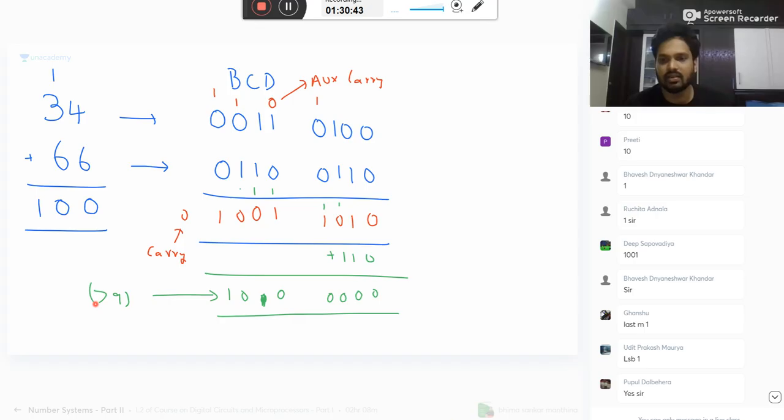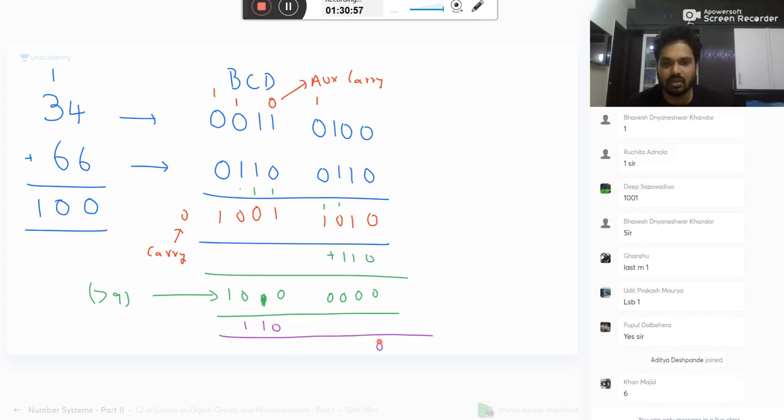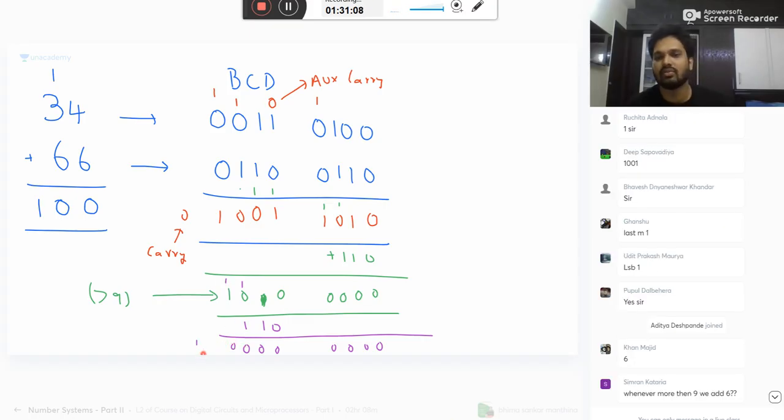It is greater than 9. Your result should be less than or equal to 9 only. Any 4 bits should be at most 9, but I got more than 9. So add 6 here also. Don't worry, just wait for some time. Now it is all zeros. 1 plus 1 is sum 0, carry 1, again 1 plus 1, sum 0, carry 1, and again 1 plus 1, sum 0, carry 1. Now you got the required answer.